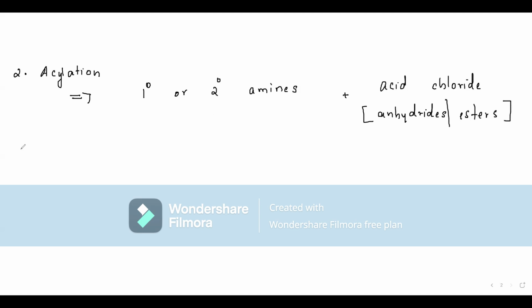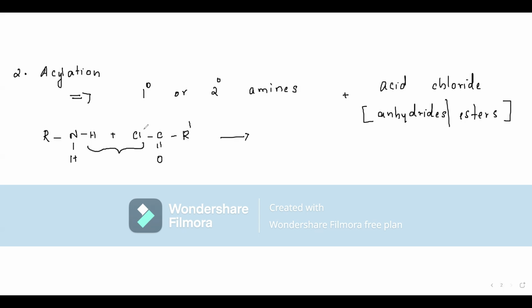Now, let us take a primary amine, RNH2. So this is the primary amine. All right. Treat it with a simple acid chloride. So let me take R dash C double bond O Cl. See here, I'm not explaining the mechanism of the reaction to you. Instead, I'm just telling you how, in a very simple way, we can write the product here.